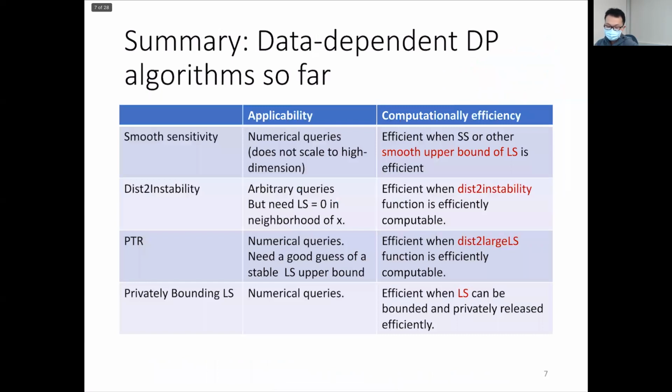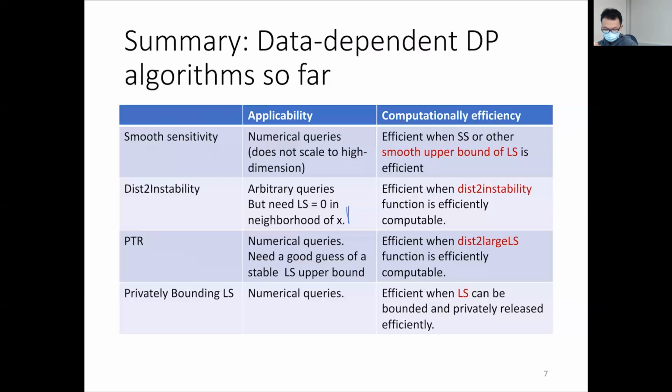As a quick summary of the last lecture, we talked about various approaches, and here are their pros and cons. Each one of these approaches has increased applicability from top to bottom, though not strictly increasing, because distance to instability can be used to handle arbitrary queries, but it is restrictive in the sense that it requires local sensitivity to be 0 in the neighborhood of X. And PTR generalizes this, but it remains restrictive because it requires us to add noise to some numerical pairs, right?